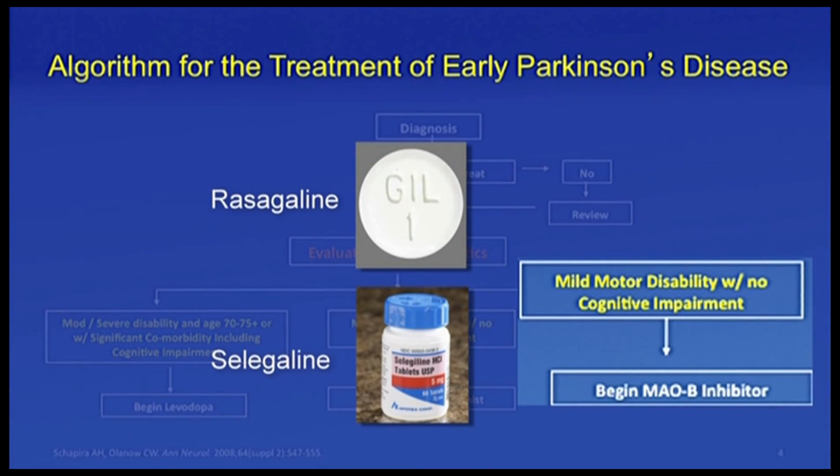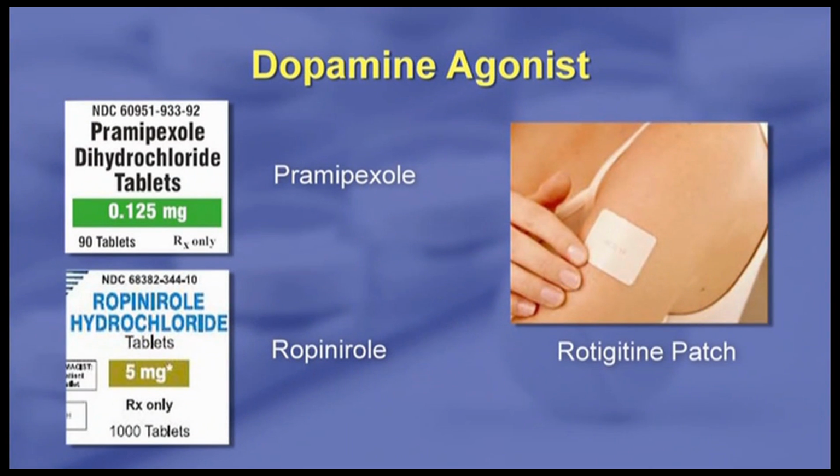We're not going to talk extensively about pharmacological medication, but we generally start with an MAO type B inhibitor like selegiline or rasagiline, and we start that when the patient is mild, has very minimal disability, and then we go into a dopamine agonist, which is ropinirole, pramipexole, or rotigotine patch.